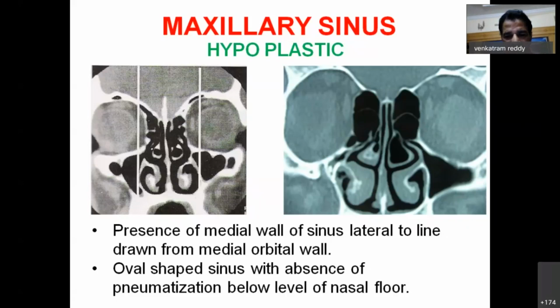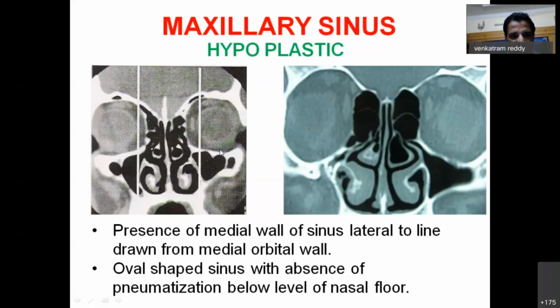In case of a hypoplastic maxillary sinus, it assumes an oval shape. So it becomes an oval sinus. As you can see, this is a hypoplastic maxillary sinus, wherein the medial orbital wall is more medial to the medial wall of the maxillary sinus, right?